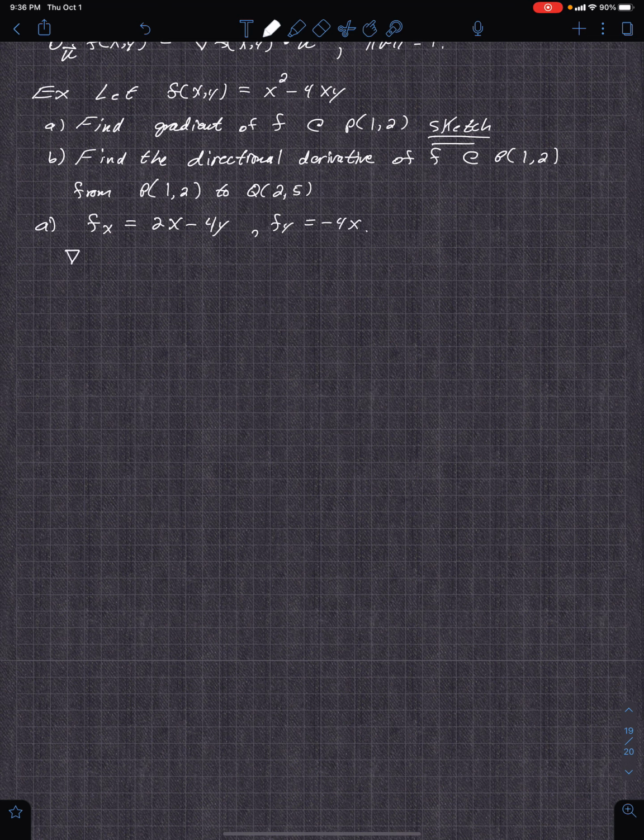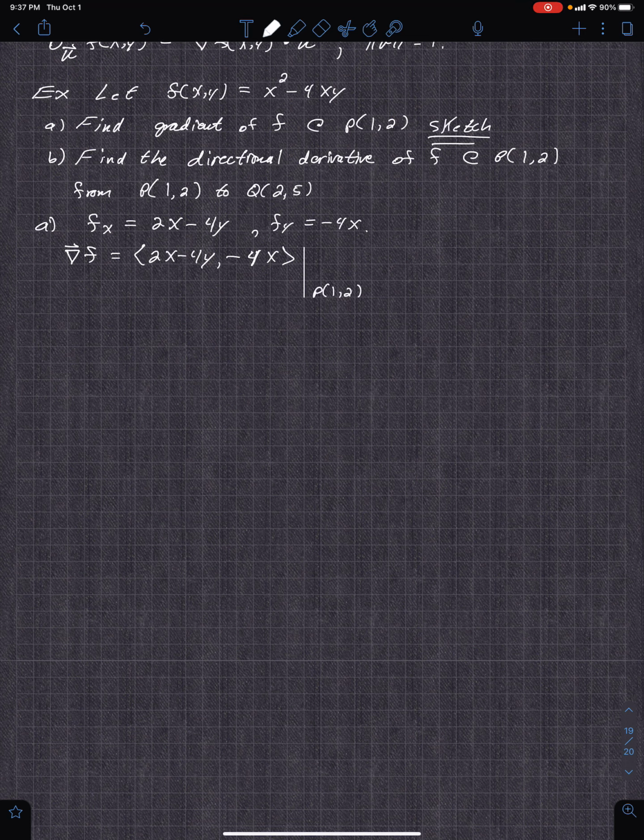So the gradient of f is equal to (2x minus 4y, negative 4x). That's all you get. That's it. It actually means something significant, but for now, that's it. And then we can evaluate that. Using the evaluation bar, sometimes it's nice and easy to do that.